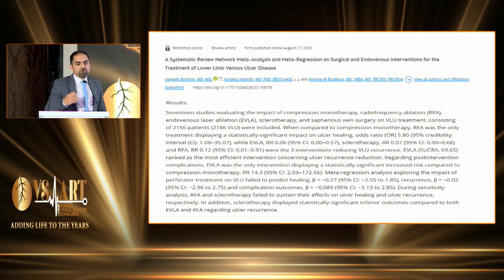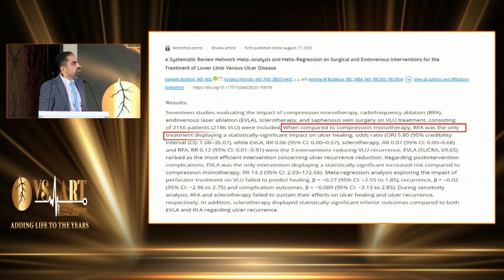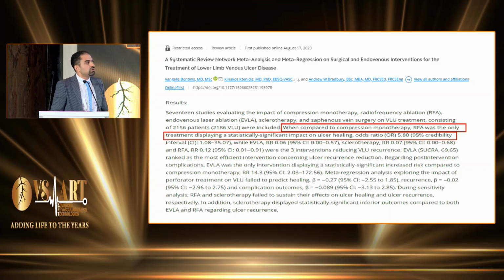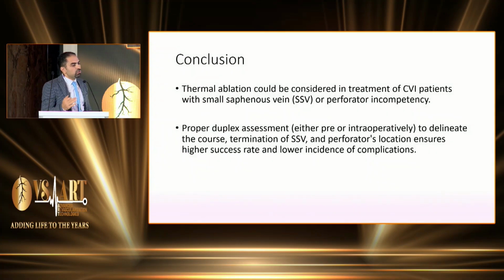When we go back to the literature, a systematic review and meta-analysis found that compared to compression alone, radiofrequency was the only treatment displaying a statistically significant impact on ulcer healing, while endovenous laser ablation was significantly lower in recurrence rate. This was in accordance with our work.